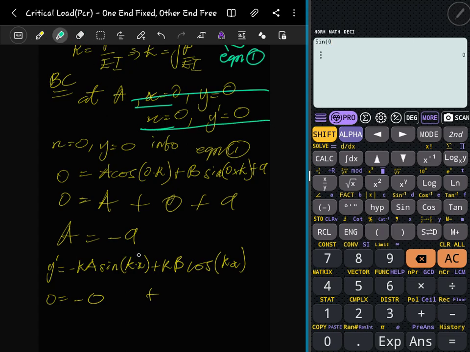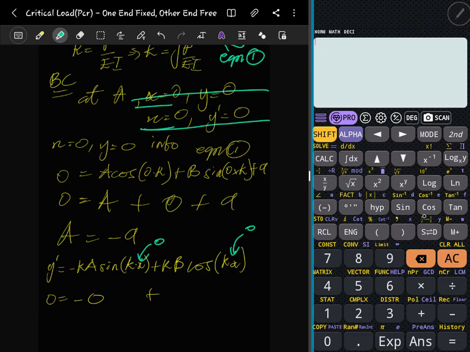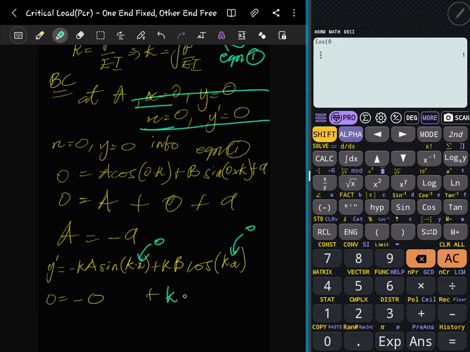So our x here is 0, this x here is 0 as well. So cos of 0 gives us 1. So we end up getting kB.